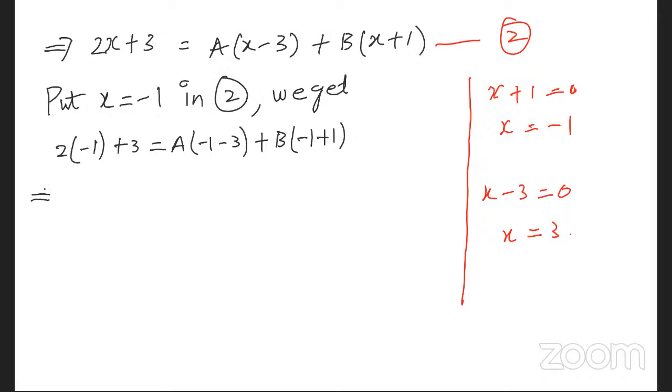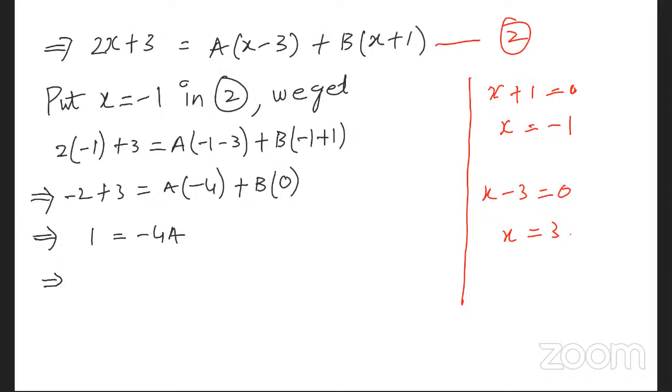So this implies -2 + 3 = A(-4) + B(0). So this implies 1 = -4A. So this implies A = -1/4.